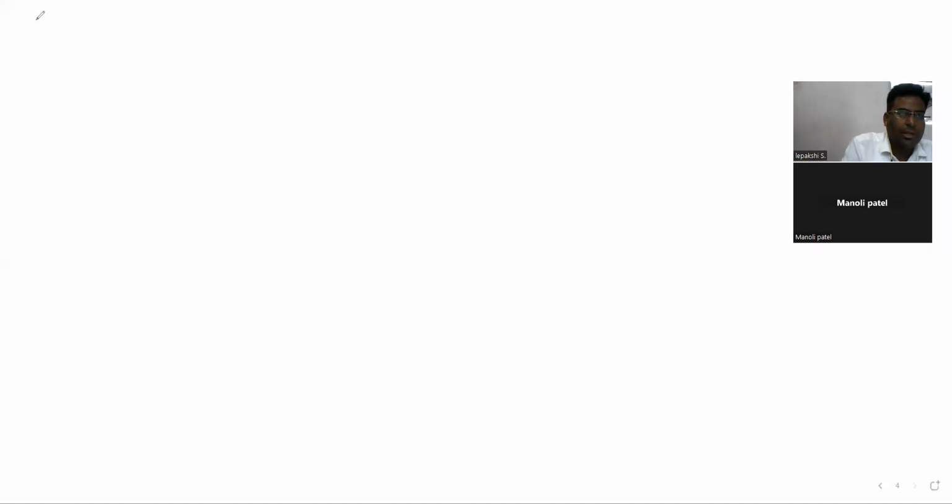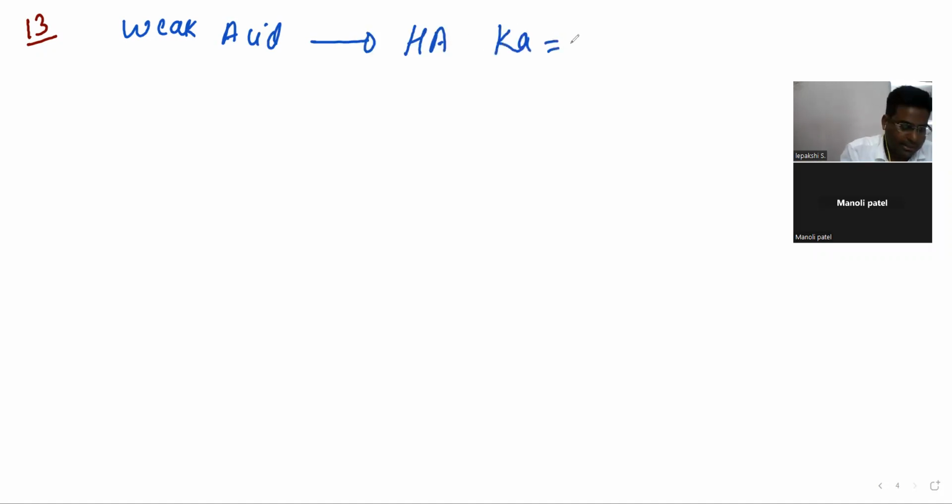Now see question number 13. A weak acid, that is HA, has an equilibrium constant K given, that is 1 into 10 raised to minus 5.